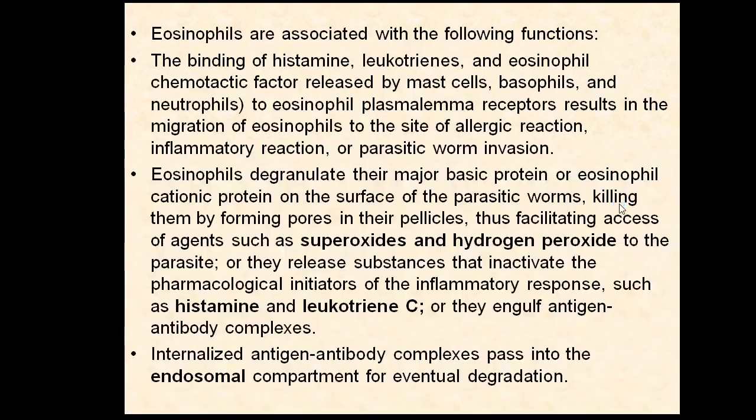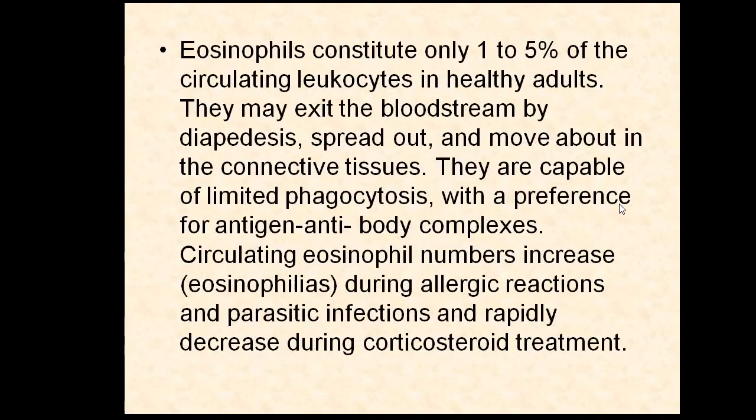These cells perform two very important functions. According to the content of the specific granules, they can kill the parasitic worms and protozoa which can infect us, and also they can reduce allergic reactions. So they help us if we have parasitic infections and allergic reactions.